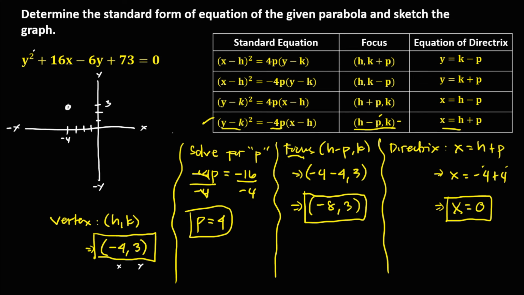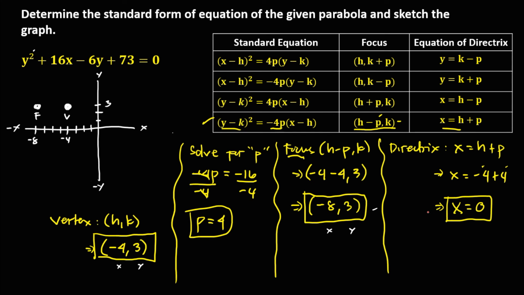So this is the vertex of the parabola. Then for the focus, we have negative 8 and positive 3, so negative 5, negative 6, negative 7, negative 8, then positive 3. This one is the focus, and this one is the vertex.